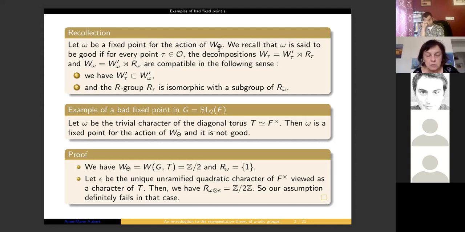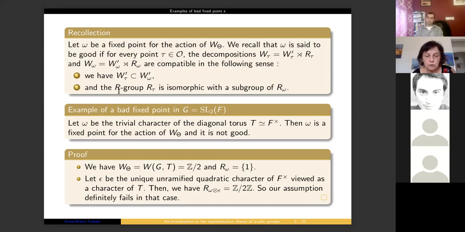We assume that omega is a fixed point under the action of W theta, which is the fixator of theta, and we said that omega is good if for every point in the orbit of omega under the action of the group of unitary unramified characters of M, the decomposition of W tau and the decomposition of W omega are compatible in the following sense, which is recalled here.